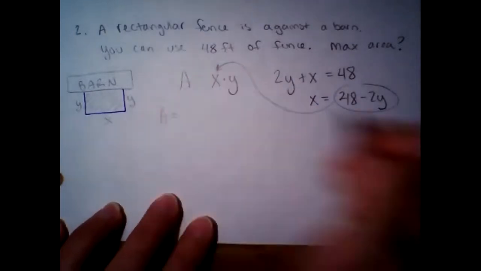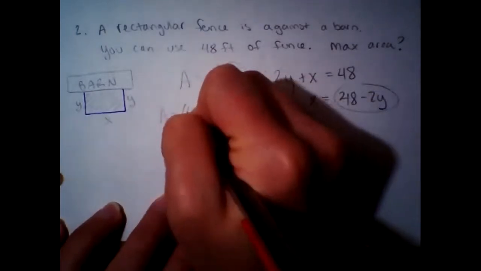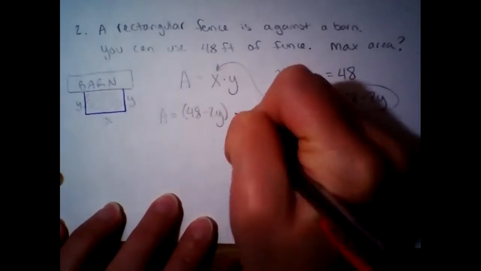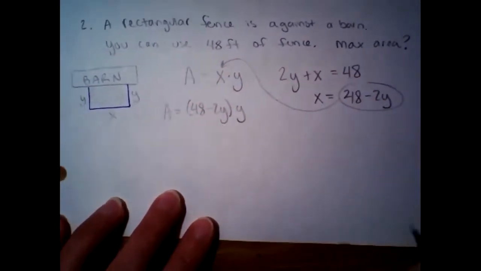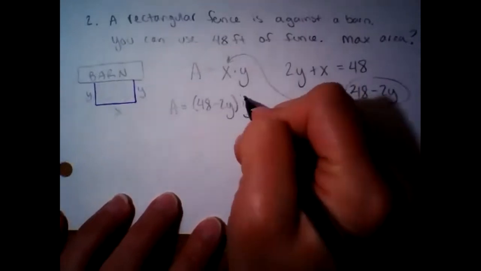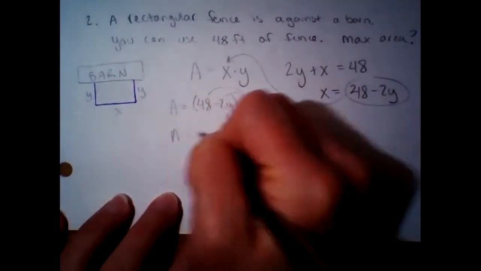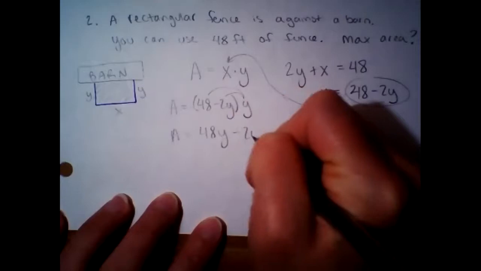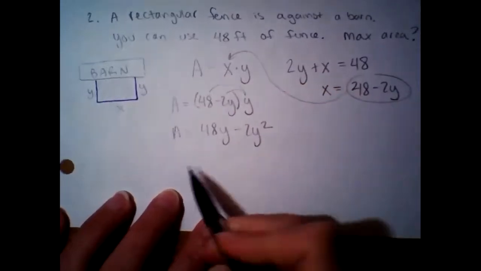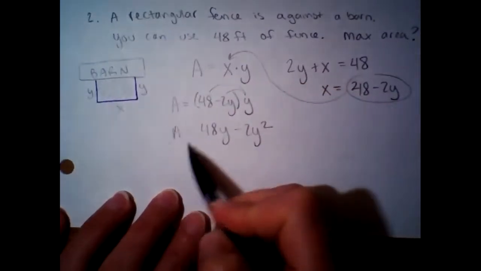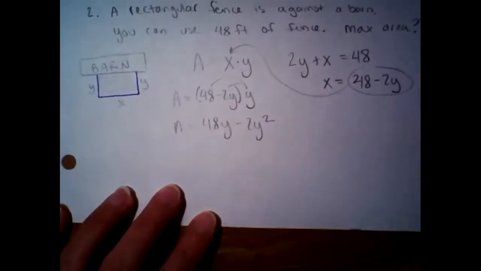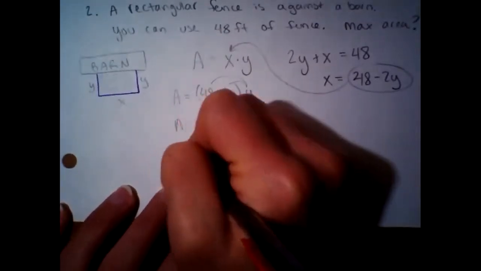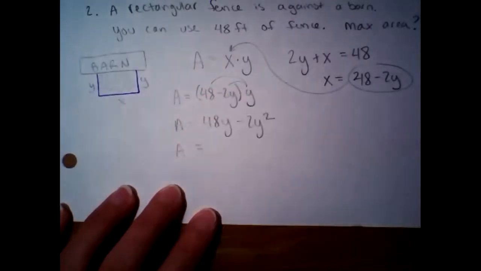So we'll have area equals 48 minus 2y times y. And then I'm going to distribute the y into there. So 48y minus 2y squared. And we now have our area in terms of one variable. And so here is the one step of calculus: we're going to do derivative equals 0.